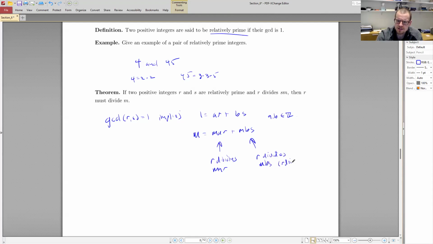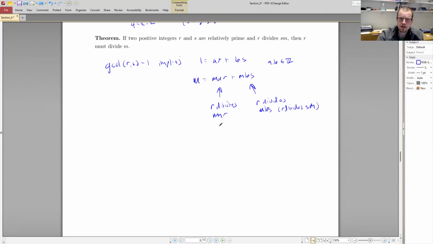because r divides sm, right? Integers, commutative here. r divides sm. So since it divides sm, it's certainly going to divide bsm. Therefore, r divides mar plus mbs.